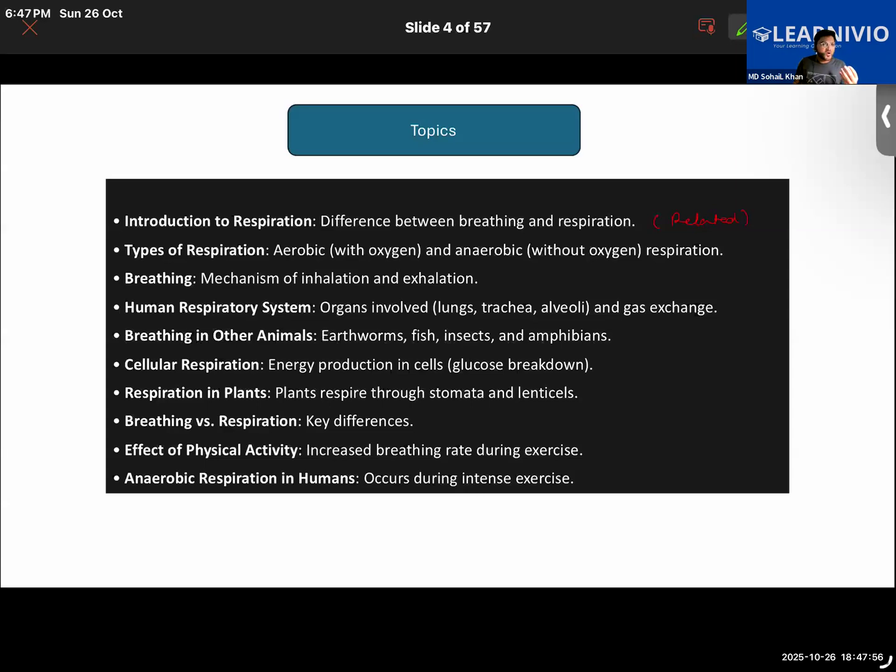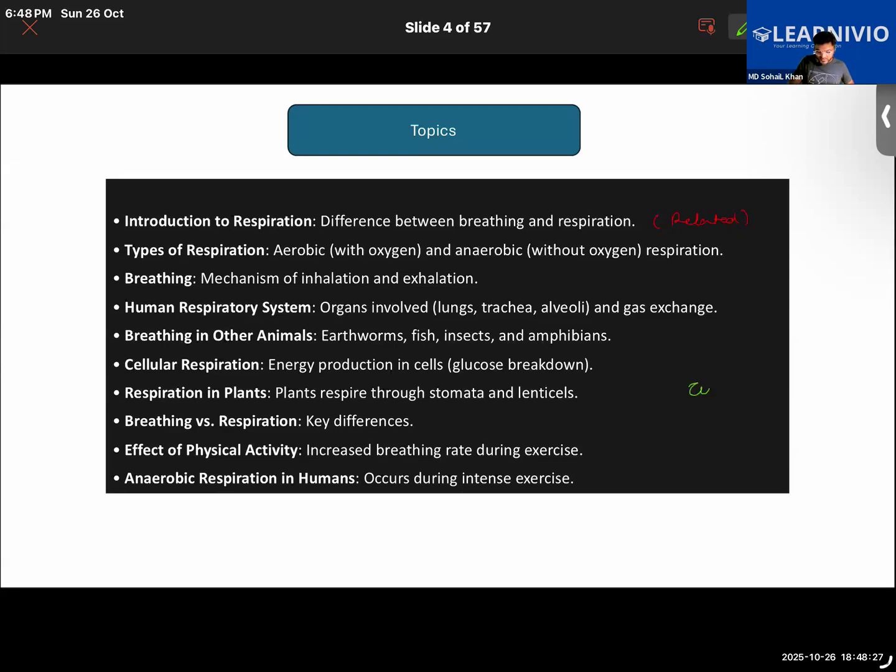Your brain needs oxygen in order to function, your heart needs oxygen, your muscles need oxygen. So it is required for the proper functioning of the entire body. It is even needed by the bacteria present in your gut. Your intestine also has important bacteria in it, and they also need oxygen in order to carry out their function.